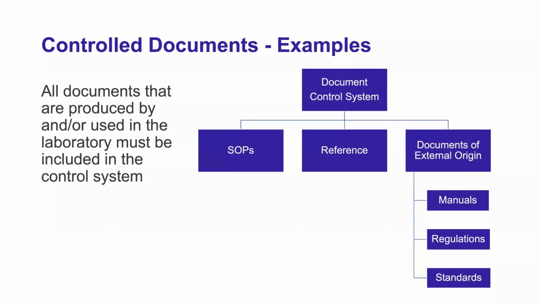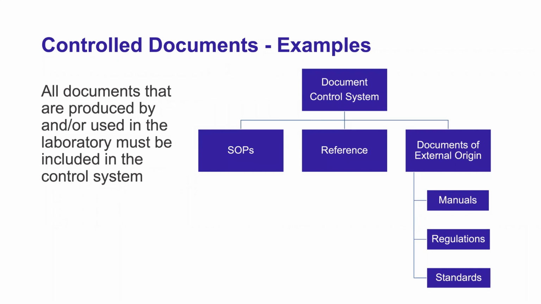So here are some examples of controlled documents. Essentially a controlled document is any document that is produced and or used by the laboratory. And so the document control system really needs to incorporate and account for all of those documents. So these include SOPs, any references like books or articles that are used to inform SOPs or policies and processes.